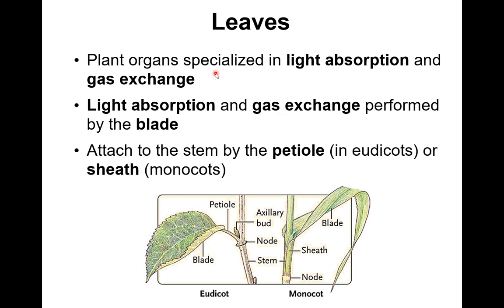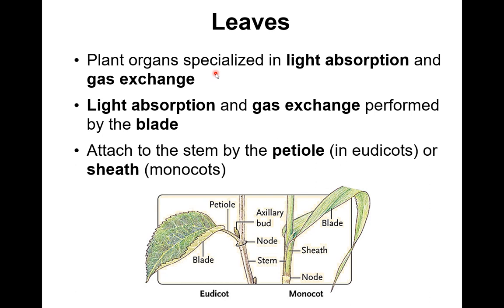Now, we talked about the flowers, we talked about the fruit when we were discussing the evolution of angiosperms. Here I focus basically only on the leaves and the difference between monocots and dicots, later on in terms of stem.